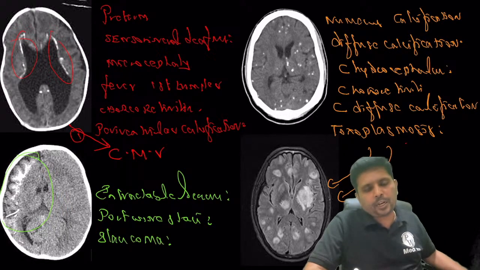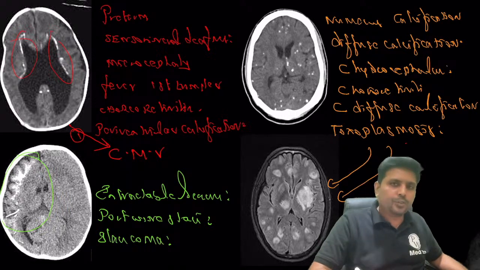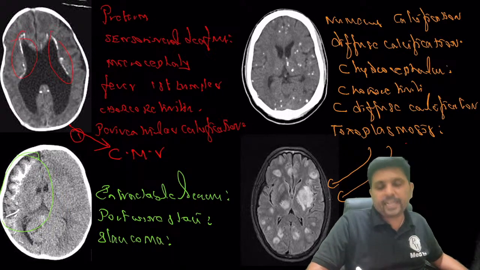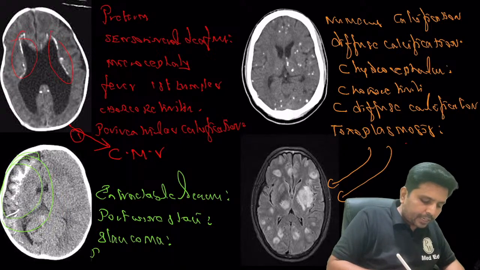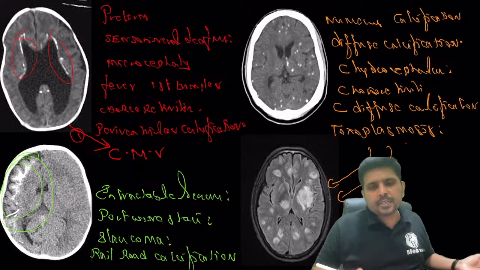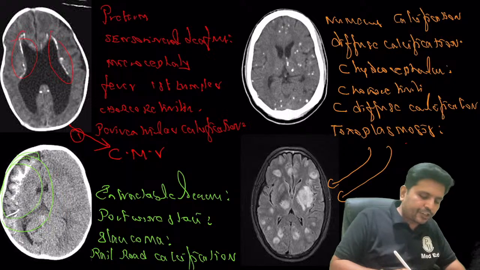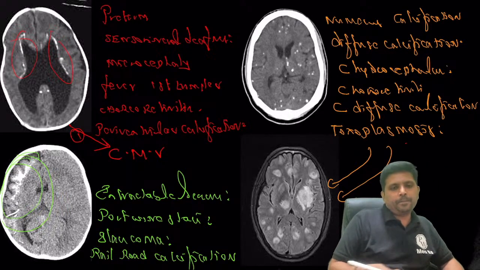Can you tell me now? So what is the image finding and what is the diagnosis? Yes, you are correct. This is called railroad calcification. So what is the disease? Railroad calcification, intractable seizures, port wine stain, and glaucoma.